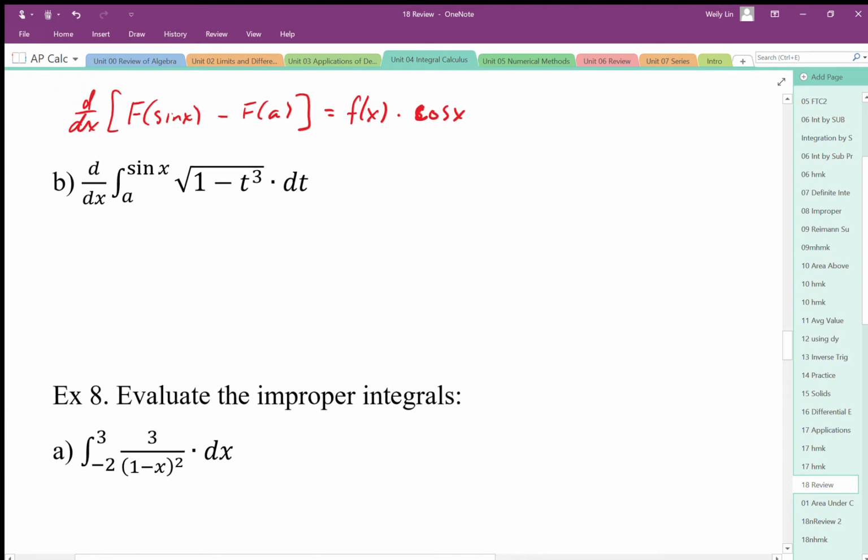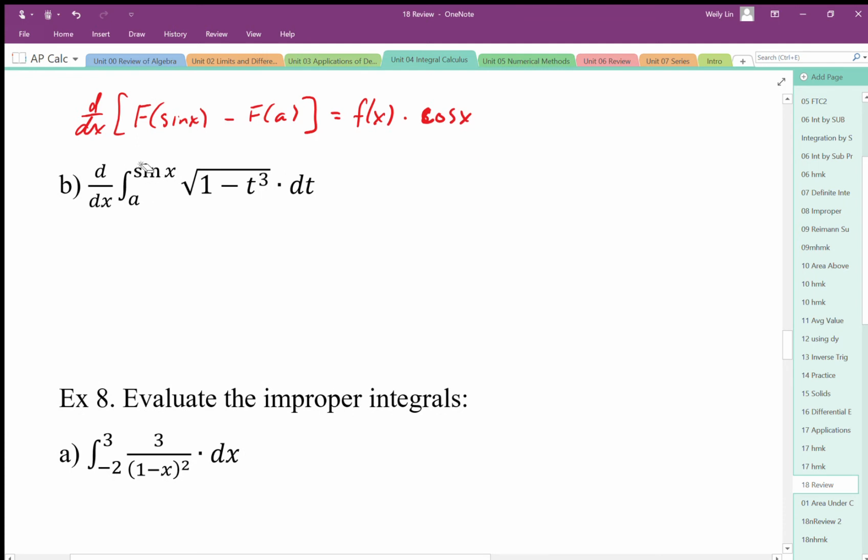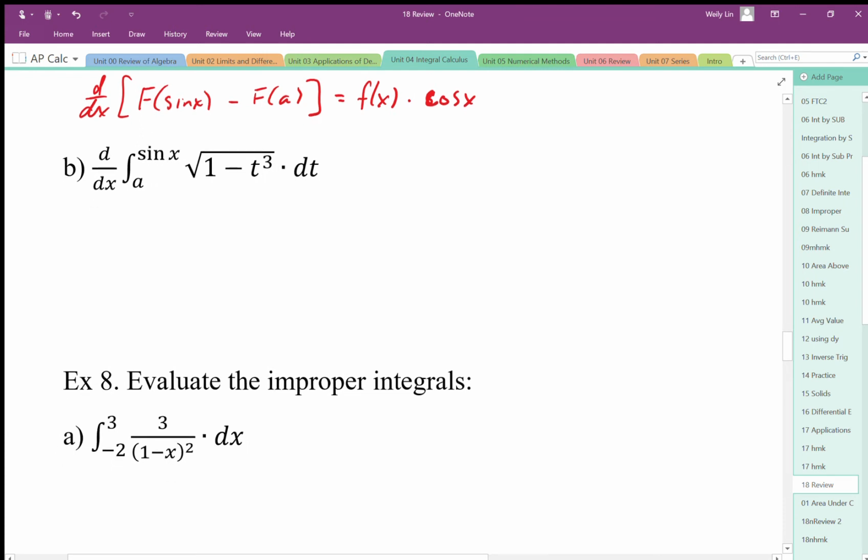Because of this function here, I just have to make sure I apply the chain rule in this case. So then I'm going to end up with 1 minus t cubed, or sorry, sine cubed, because I'm going to put sine x into that function. Then I have to just remember to apply the chain rule because I had an embedded function in there.